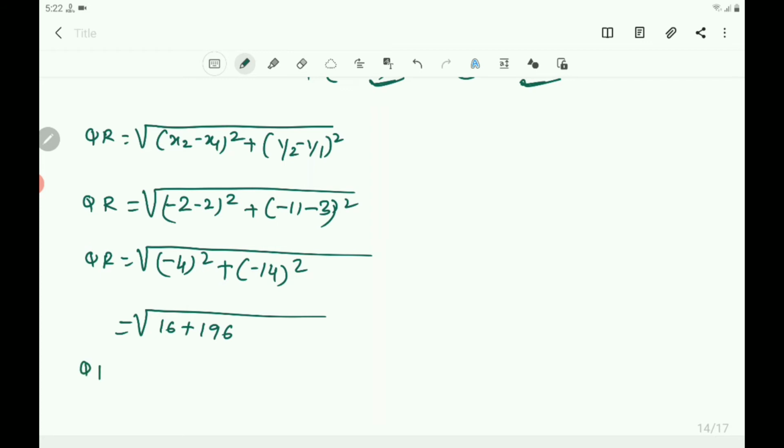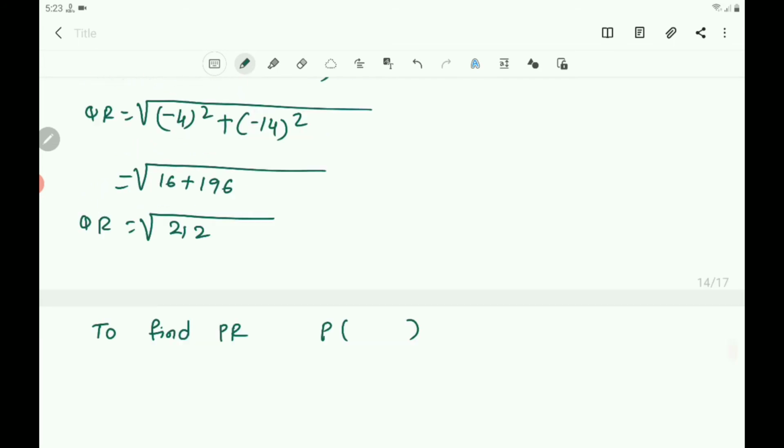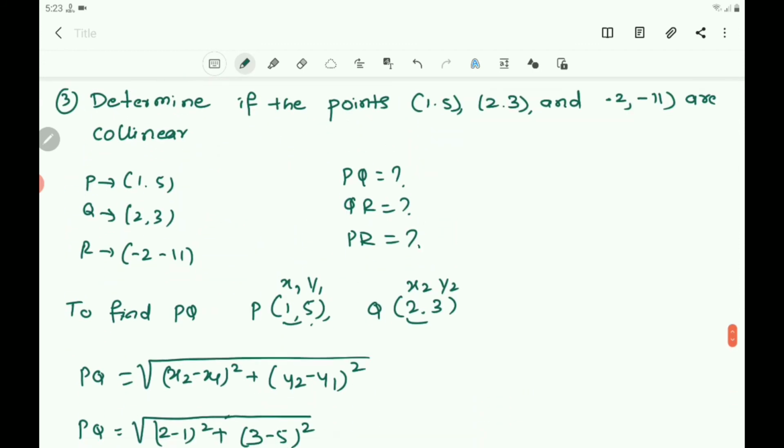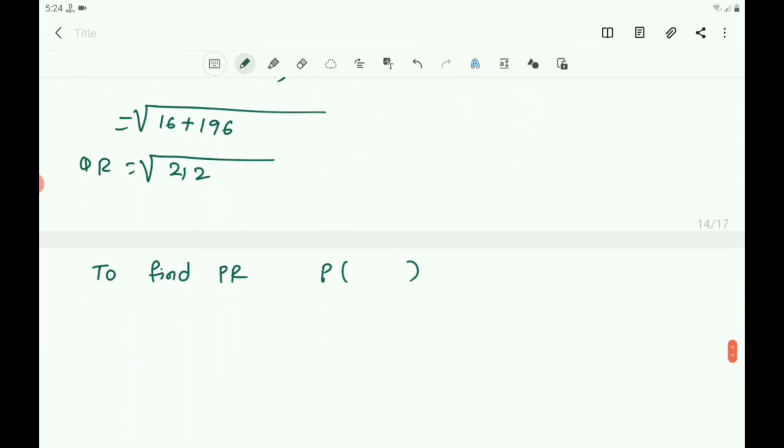So you got QR equals square root of 212. To find PR, P is a point with coordinates (1, 5) and R is a point with coordinates (-2, -11).